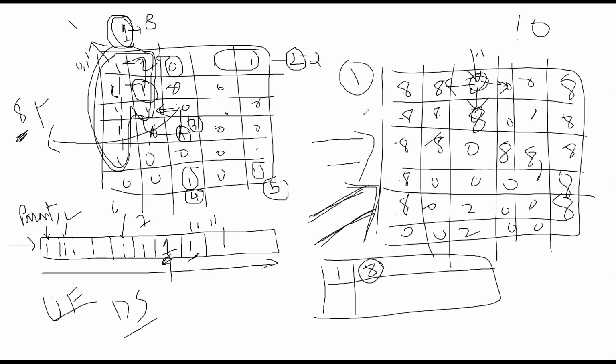But for simplicity, you can use this parent array as a 2D array, if that gives you easier implementation. It's fine because the size of the array will be the same. And if you want to reduce that, instead of an array, you can use a lookup, which will give you the final identifier from the current index.